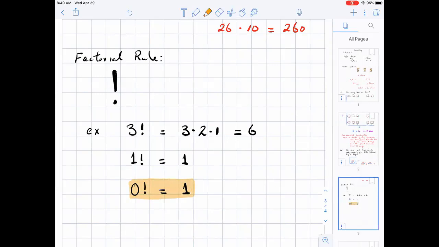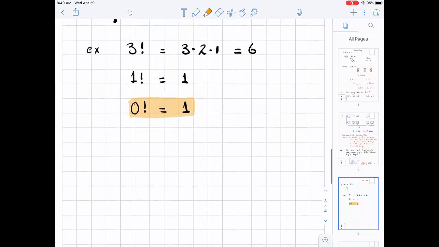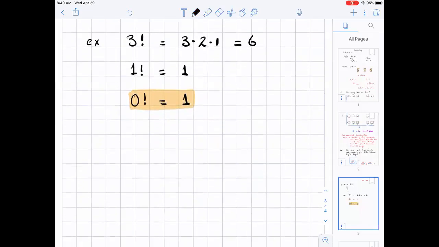So why do we need, or what is really the factorial rule? Well, if you go back to look at the similar example as we were discussing. Example, you want to create an ID card.